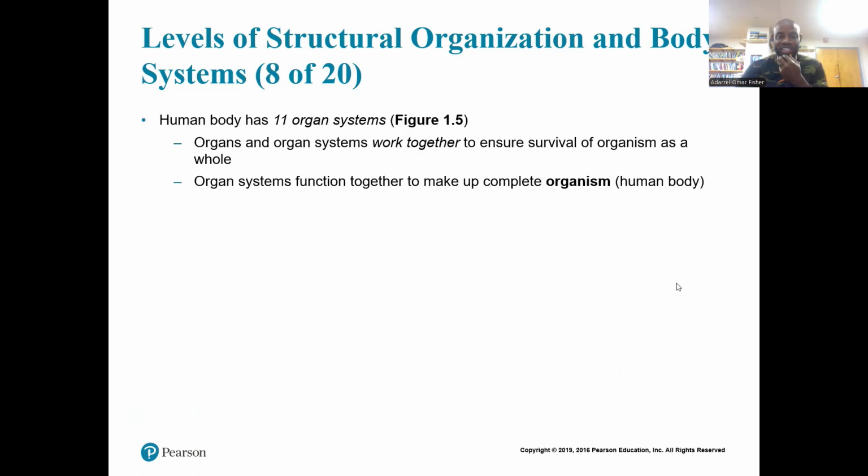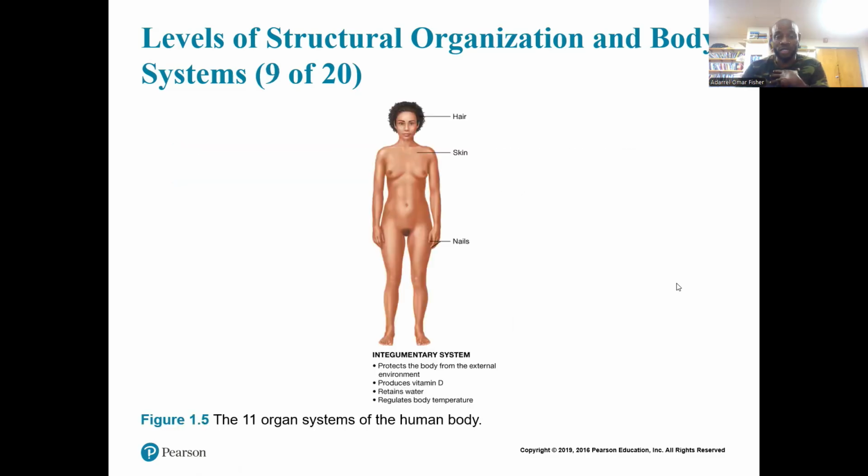The human body has 11 organ systems that work together to make up what is known as the human organism. First system is the skin, your integumentary system, depending on how you like to pronounce it. It protects you. It keeps certain things from going into the body, but also keeps certain things from going out of the body.